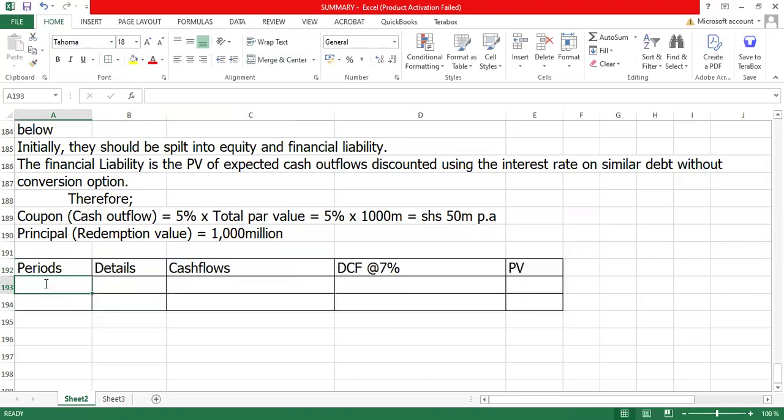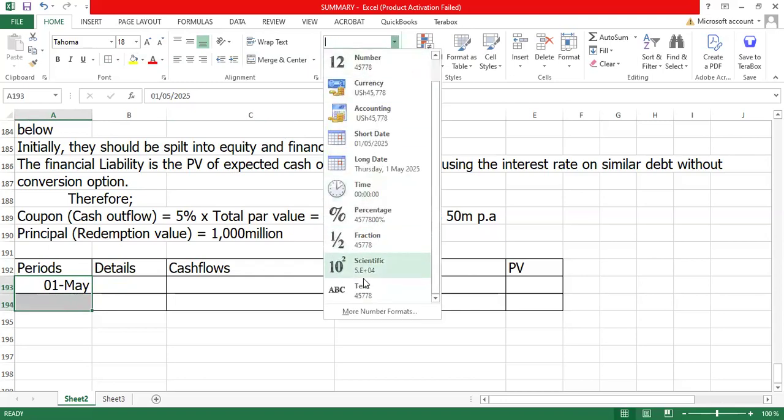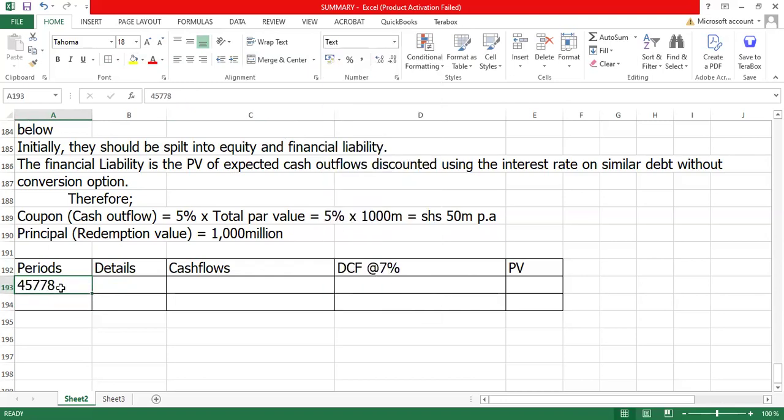So here the period 1 to 5, you are paying interest, the coupon is 50. Maybe you can say your shillings in a million.